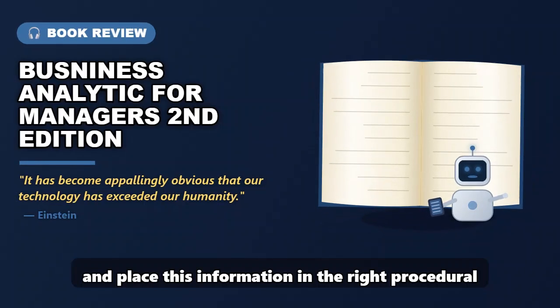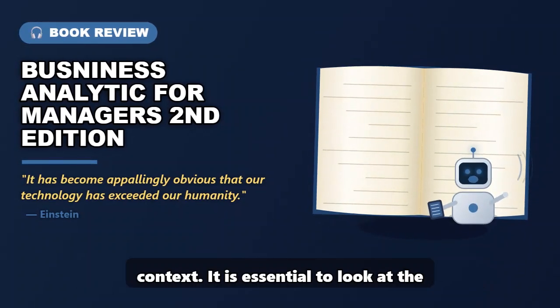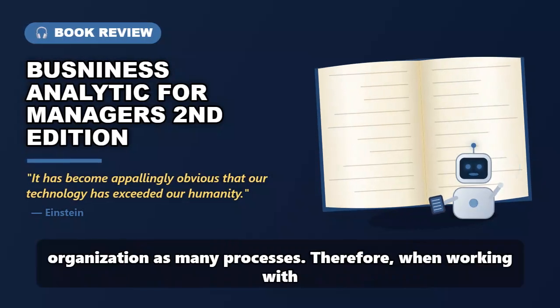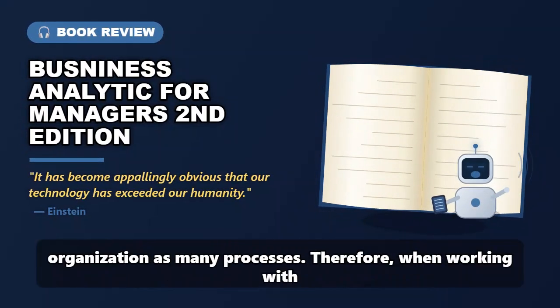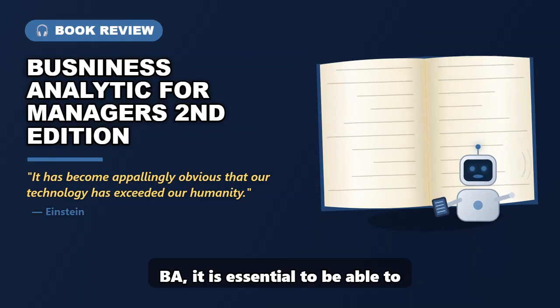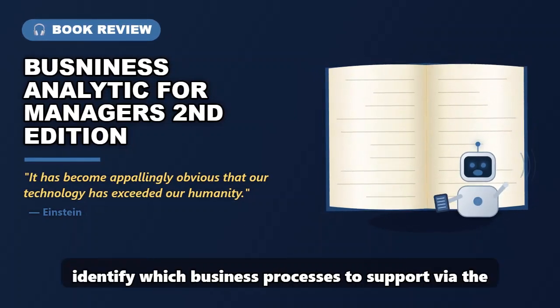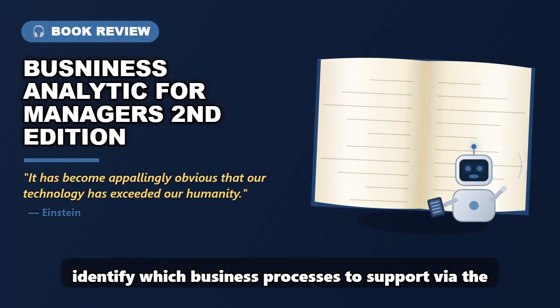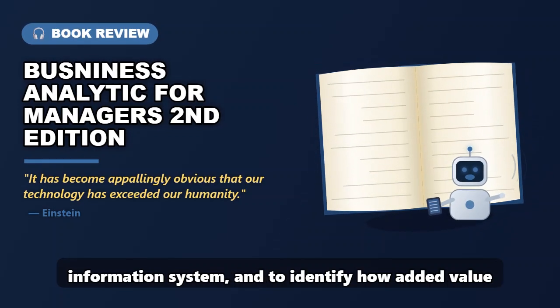It is essential to look at the organization as many processes. Therefore, when working with BA, it is essential to be able to identify which business processes to support via the information system, and to identify how added value is achieved.